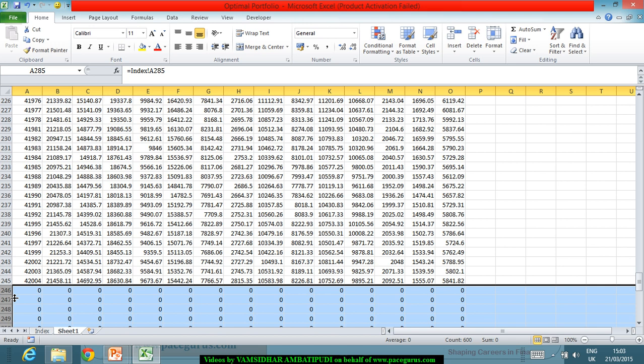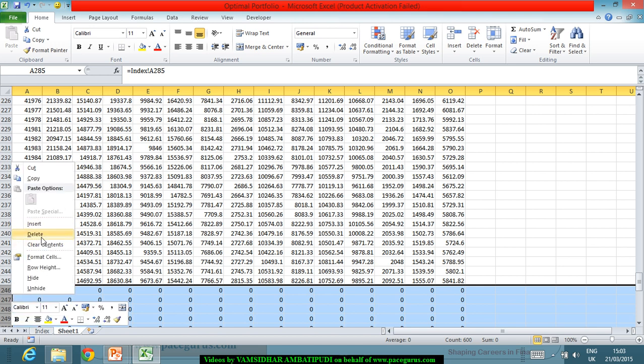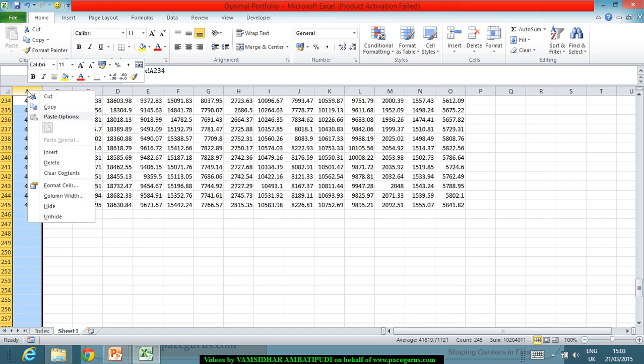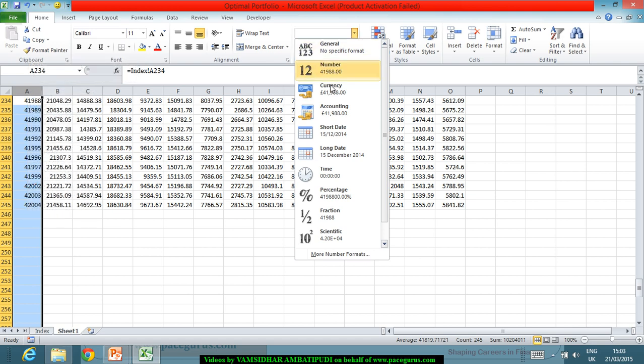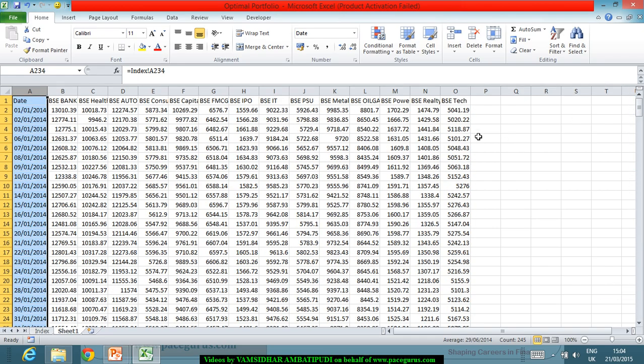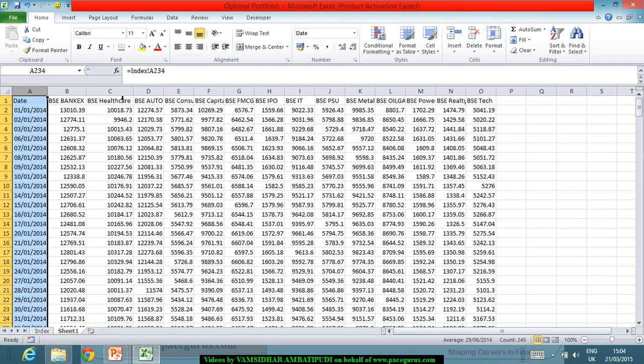Alright, up to here, only the data is present. And this column also being the date, I'll change this to the date format, rather than being in the general format, where I'm getting the numbers as it is, and probably the other headings, the values.